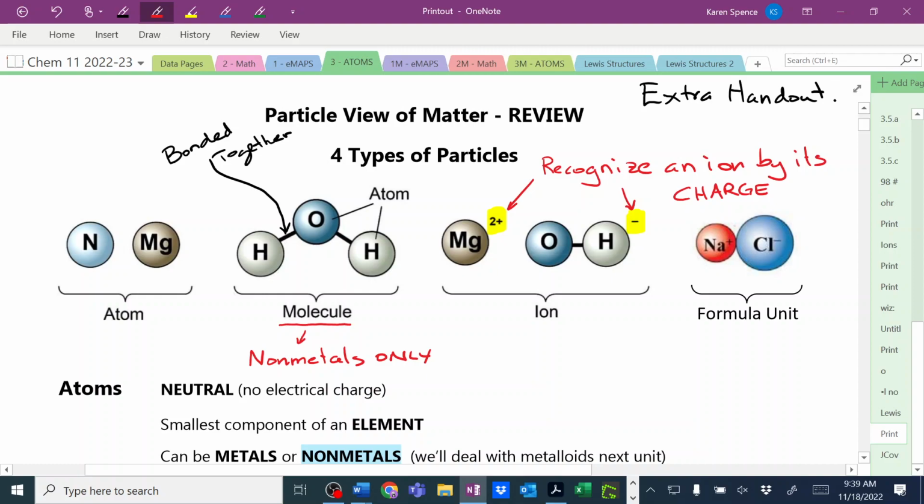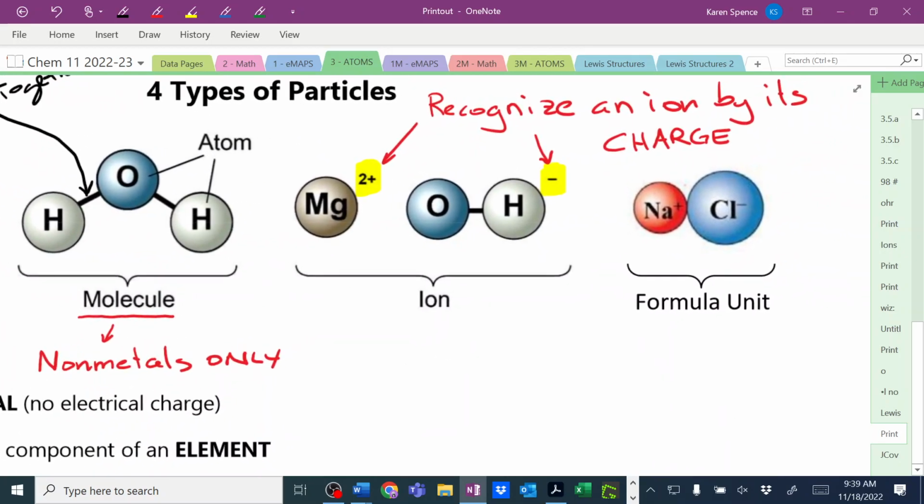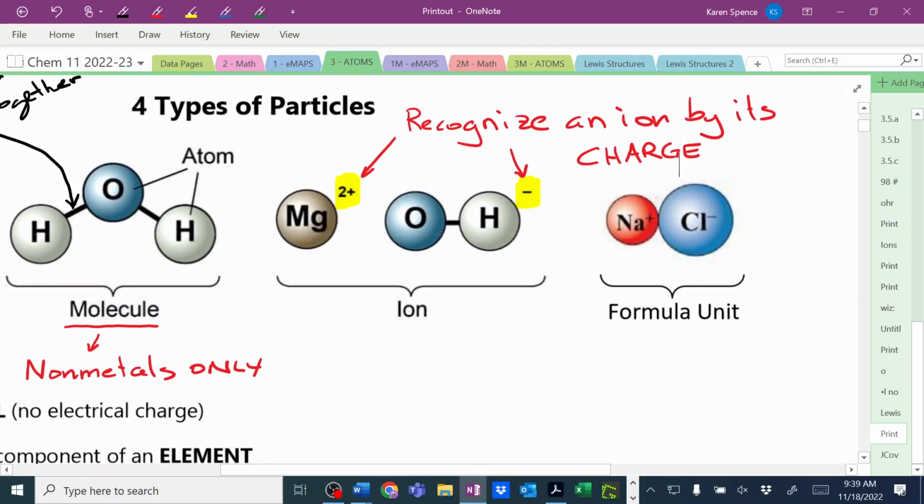But there's another type of particle where you will also see a charge. But you won't see a single charge, you'll see 2 charges.